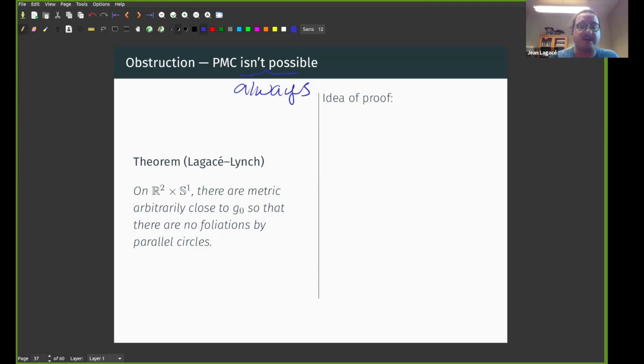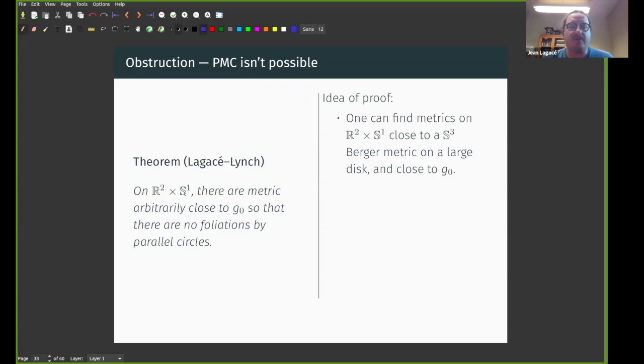So R2 cross S1 is the lowest dimension possible of bubble sheets. And for this example, we end up proving that we don't have a choice but to find something more flexible than parallel mean curvature would be.